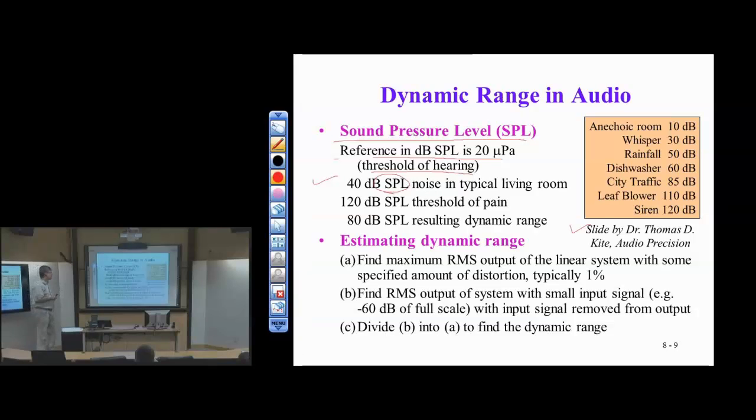Dorm lobby may be louder. And what's the threshold of pain? Well, 120 dB normally. So this gives you 80 dB of dynamic range between the background acoustic noise and the maximum sound you could play out over speakers without being in pain. So the best you can do is 80 dB.